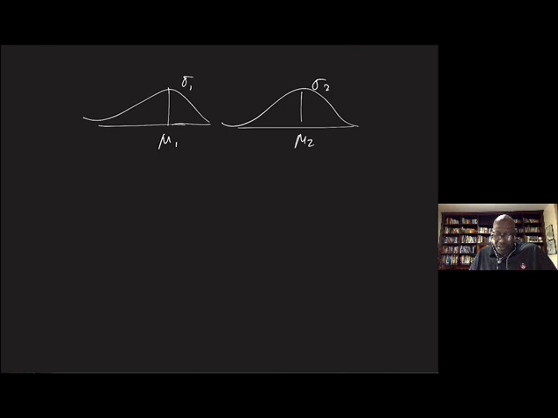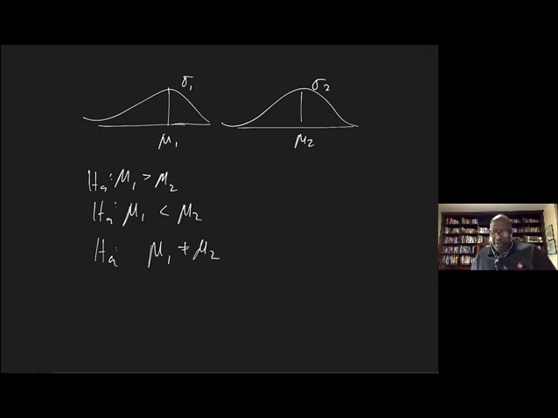We are sometimes interested in whether or not the mean of 1 is greater than the mean of 2, HA, or whether or not the mean of 1 is less than the mean of 2, population 2. Or if there simply is a difference between them, they're not equal. So those are the three research hypotheses that we could certainly consider.